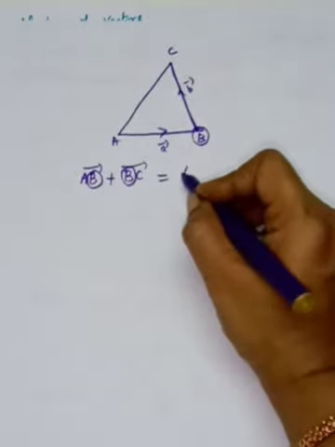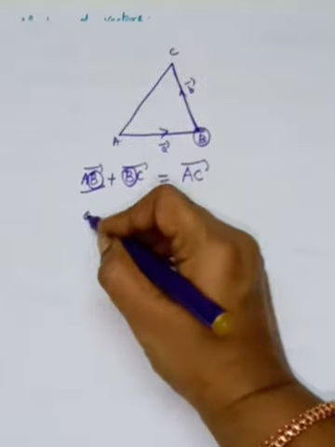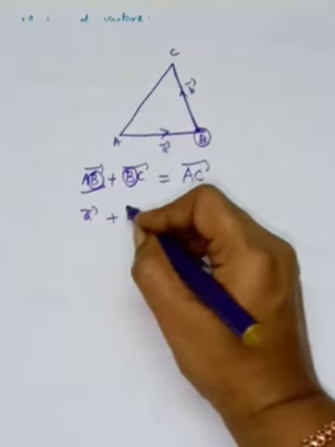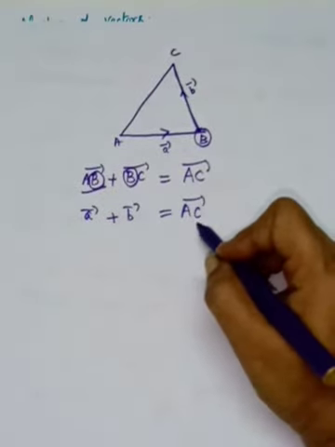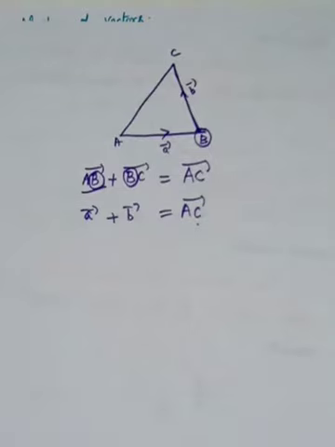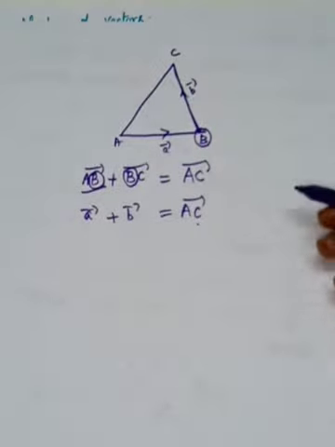So what is the resultant? AC vector. What is AB vector here? That is A vector plus B vector. So AC vector only will represent the sum of those two vectors. So AC vector is the third side, but it is taken in the reverse order.